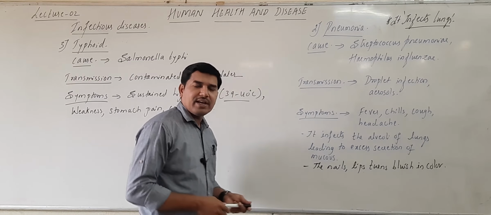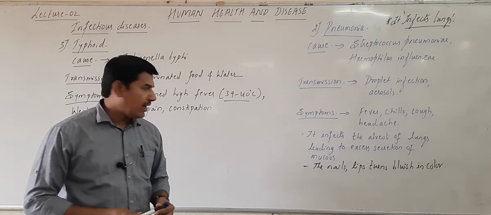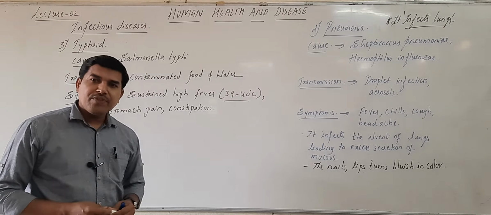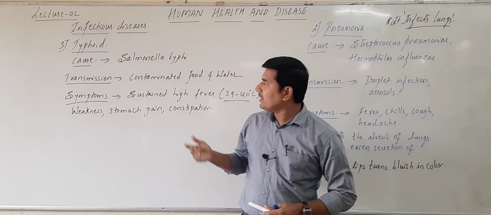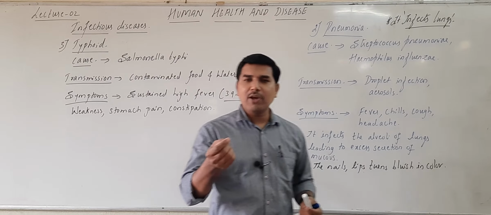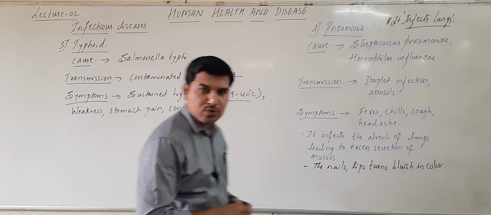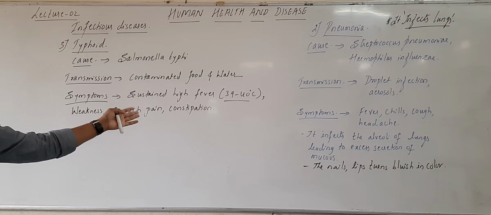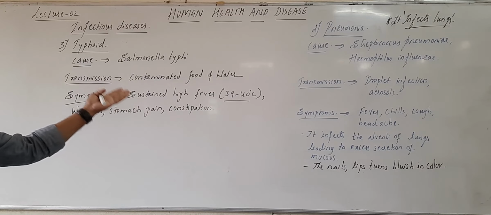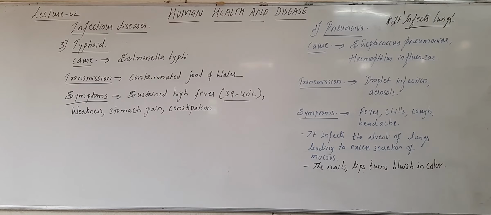If it is left untreated, it leads to piles. Then suppose if the disease is left untreated in the initial condition, it may even cause intestinal perforations also. So these are the initial symptoms that we observe, but later symptoms include intestinal perforations.